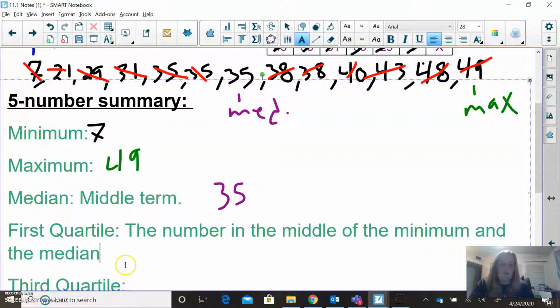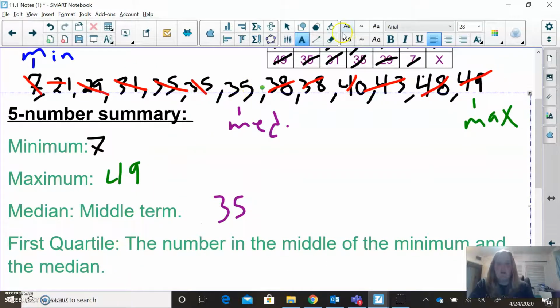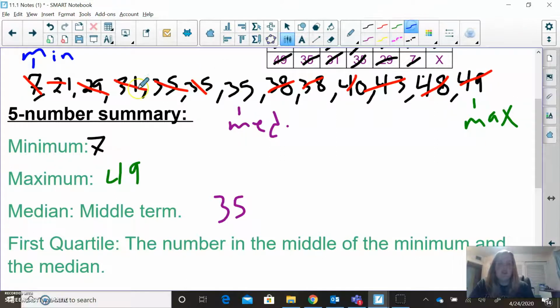When we're looking for the first quartile, we are literally just looking at the left-hand side, from the 7 to this 35. We need to find the number in the middle, so we're going to do the same thing we did for the median and cross these out.